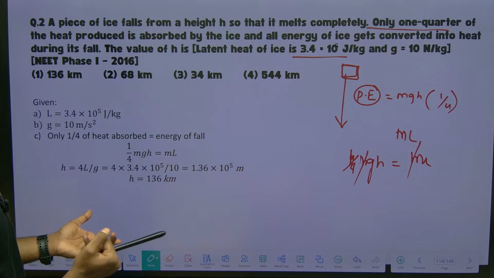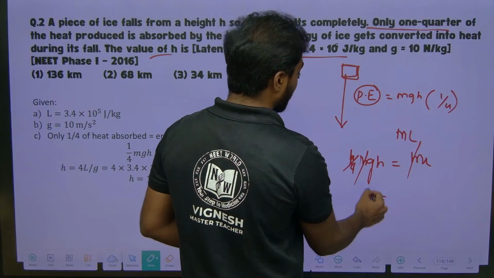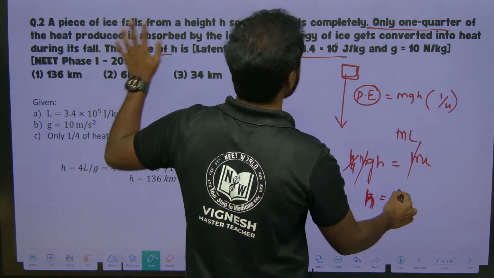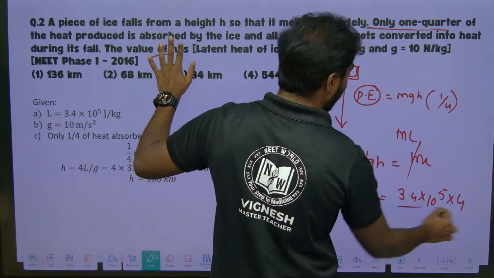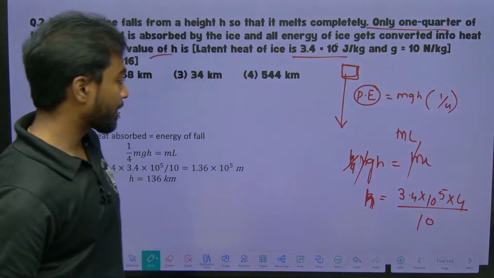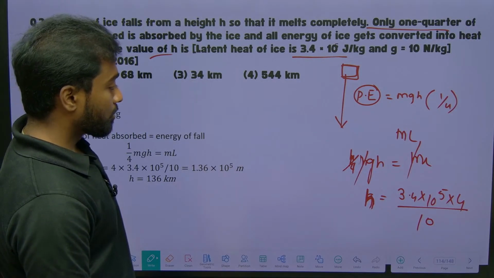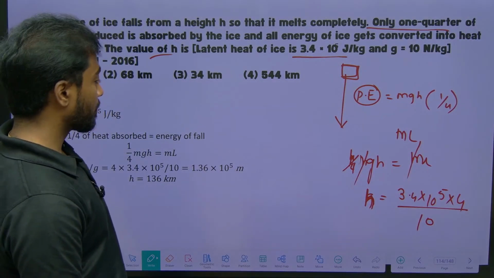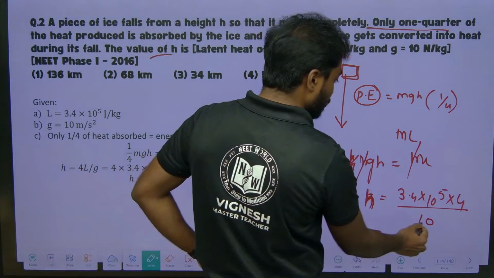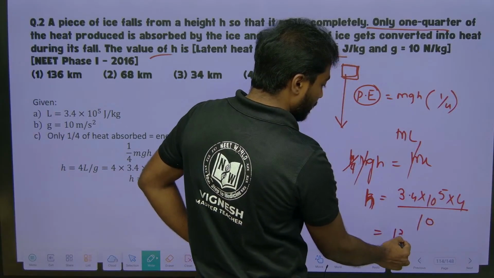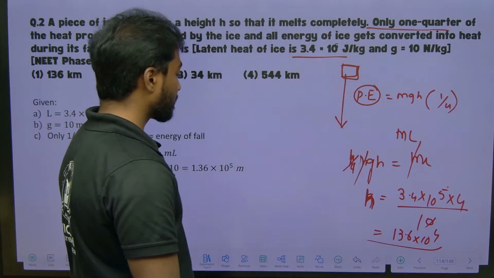What they are asking is the value of height h. So h equals L, which is 3.4 into 10 power 5, into 4, divided by 10. 34 times 4 is 136, so we get 13.6, and the zero gets cancelled, giving 13.6 into 10 power 4.